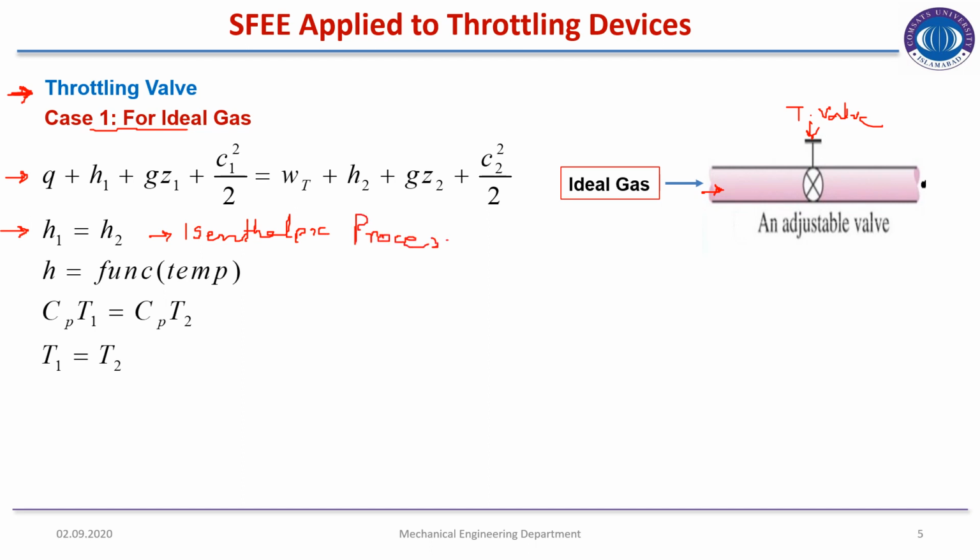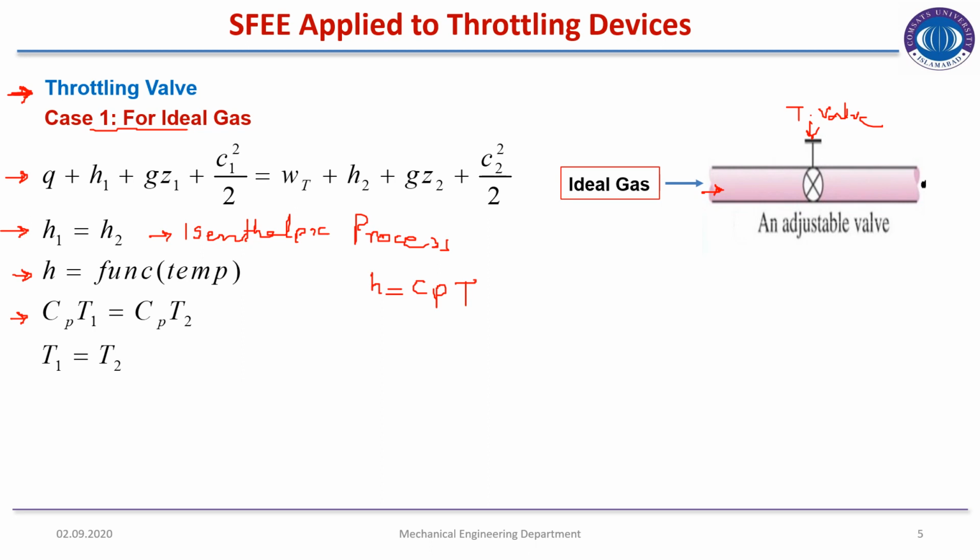So you know that the specific enthalpy is a function of temperature. For ideal gas, specific enthalpy is a function of temperature. So specific enthalpy can be written as CpT. H is equal to CpT. For H1 you can write CpT1, and for H2, enthalpy at the exit, you can write CpT2.